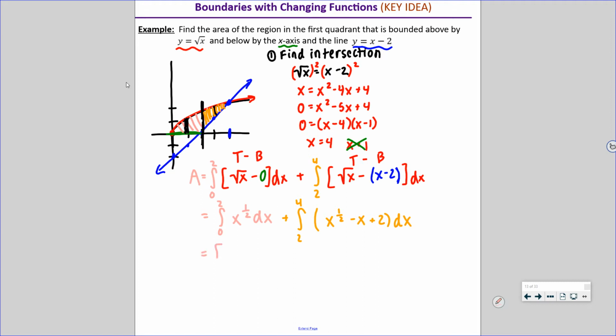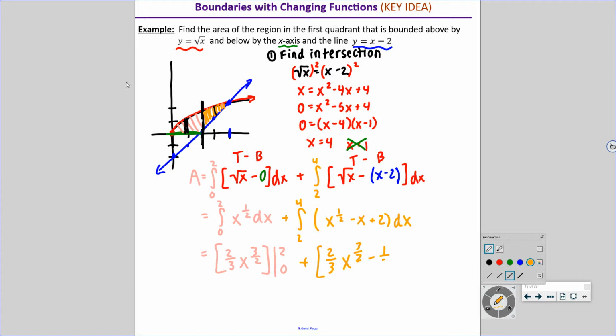All right. Add 1 to the powers, 3/2, divide by 3/2, or times by 2/3. Plug in bounds of 2 minus plugging in 0. Plus. Same thing, antiderivative, 2/3 x to the 3/2, minus 1/2 x squared, plus 2x, plugging in 4, plugging in 2.